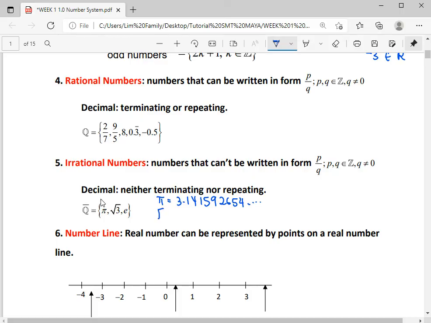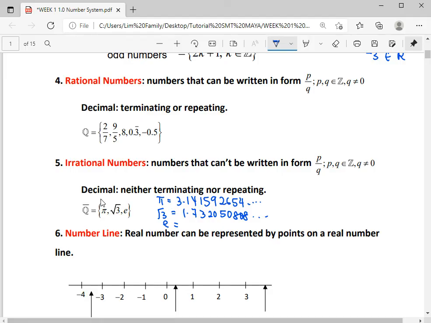So of course when you press your calculator for square root of 3, you also get 1.73 and then 2050808. So you can see the decimal keeps going, non-repeating. So how about exponential? Exponential e to the power of 1.